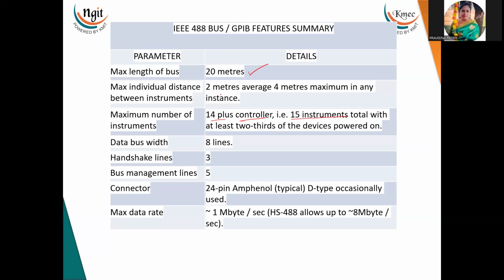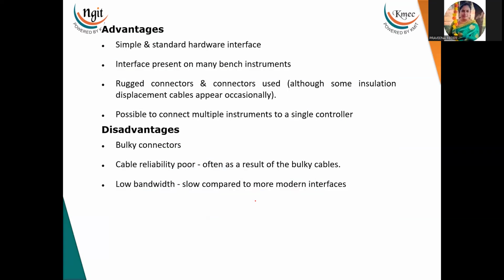The distance between instruments is 2 meters on average or 4 meters maximum. We have just seen 8 data lines, 3 handshaking lines, 5 management lines, and it is a 24 pin D-type connector, and the maximum data rate is 1 megabyte per second. These are the features of IEEE 488.